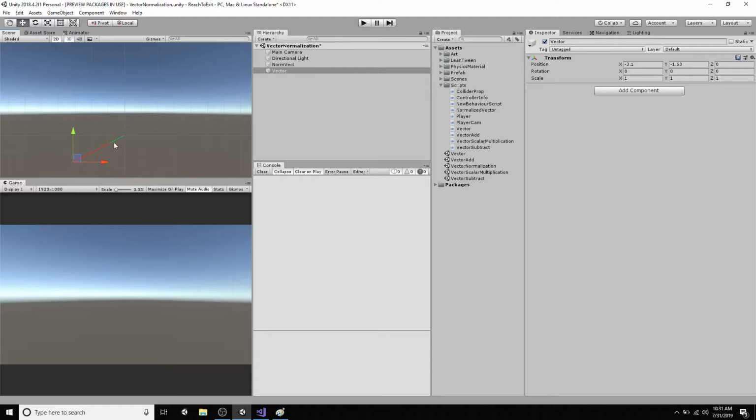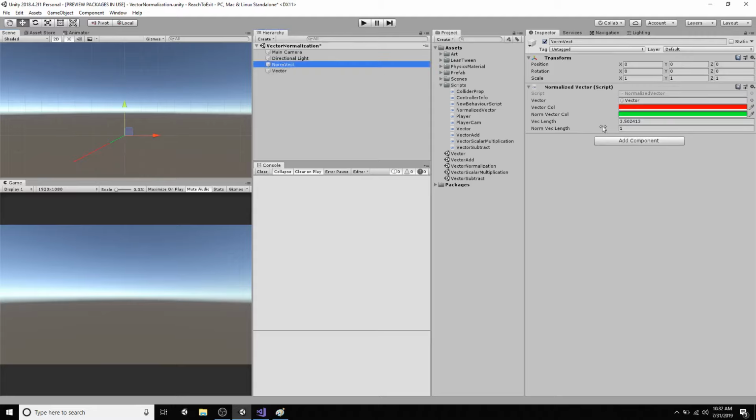So for a unit circle, assume you draw a circle where the radius is 1, and if you take any vector on the unit circle and compute its magnitude, its length will always be 1.